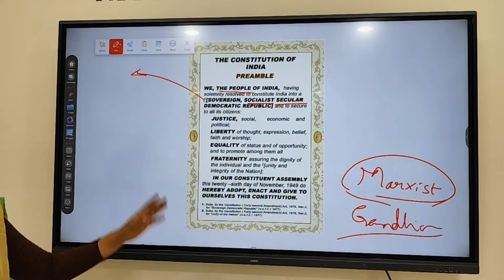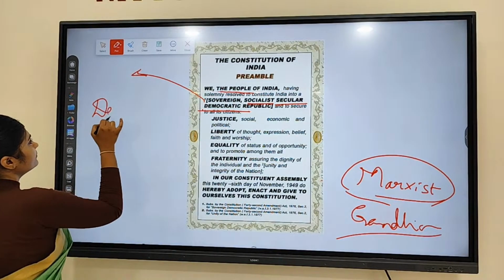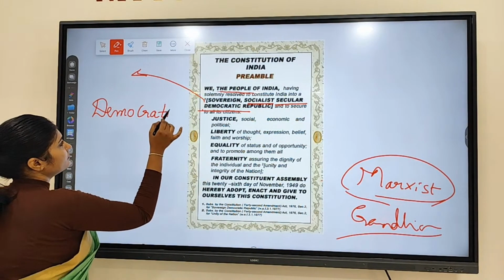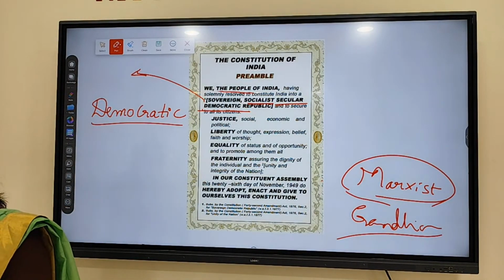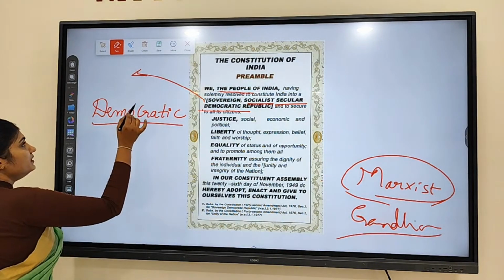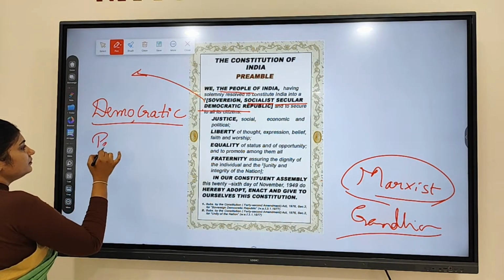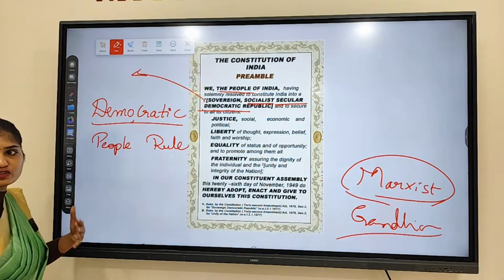Okay, next one, the democratic. Demo means people, cratic means rule, that is people's rule.